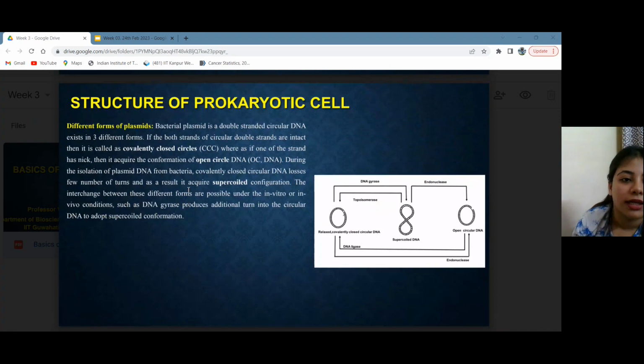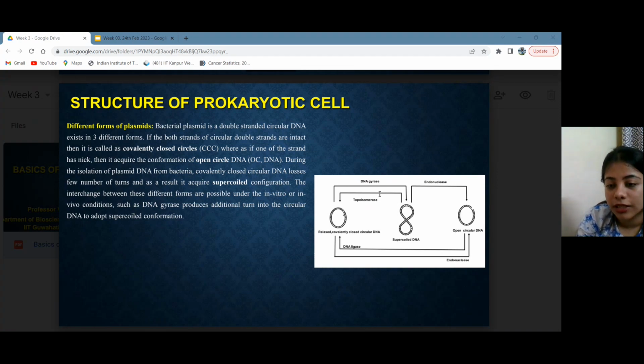So the different forms of plasmids, bringing us back to the question: we have the relaxed covalently closed circular DNA, which can be supercoiled by DNA gyrase, which can be cleaved by endonuclease to form open circular DNA, and can be attached by DNA ligase to form this covalently closed circular structure.